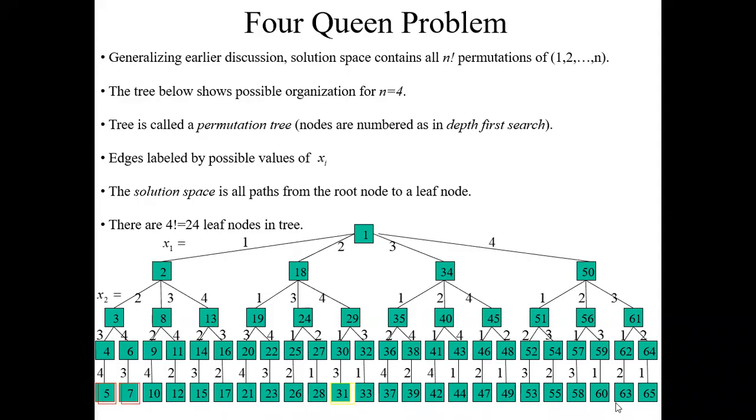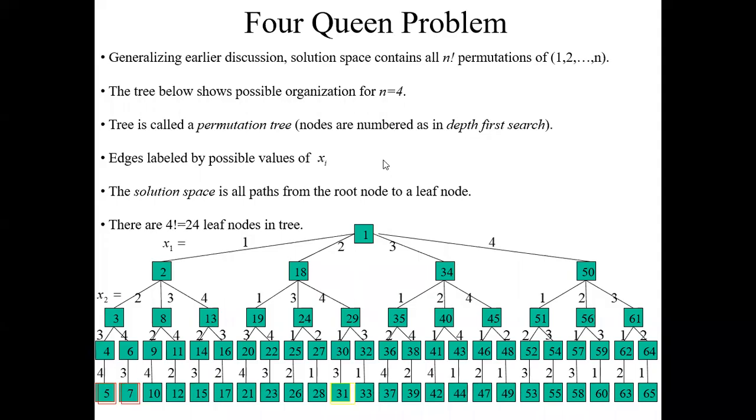How many leaf nodes will be there at the last level without counting logically? 24. 24 क्यों होगा? क्या बताया था पिछली स्लाइड में या यहाँ पे क्या लिखा हुआ है? N factorial. So where did that 24 come from? 4. Then every node gets 3 child nodes, and every node gets 2 child nodes, and the last we have 1 child node. That is 4 factorial.